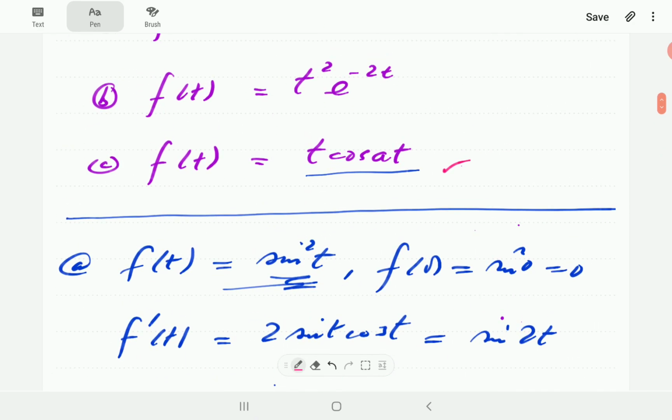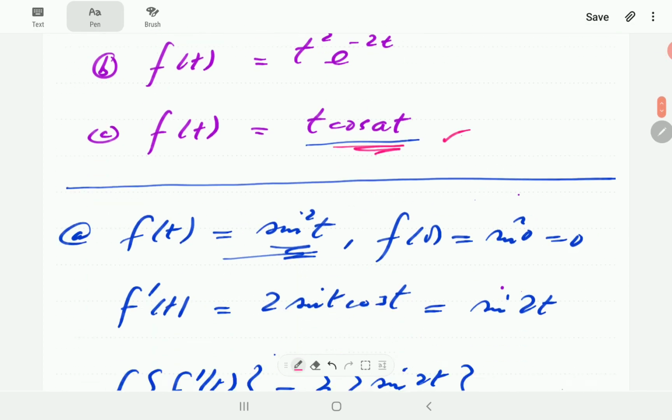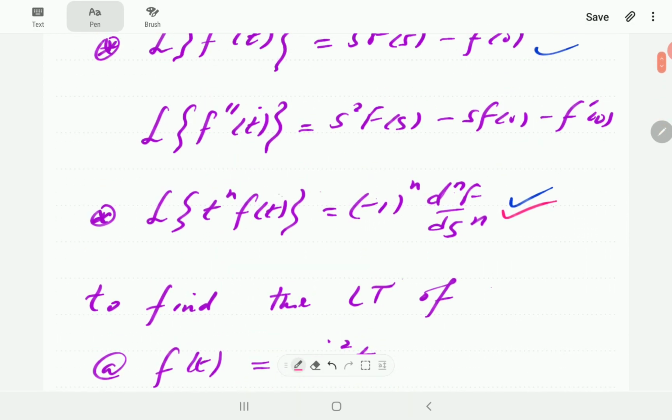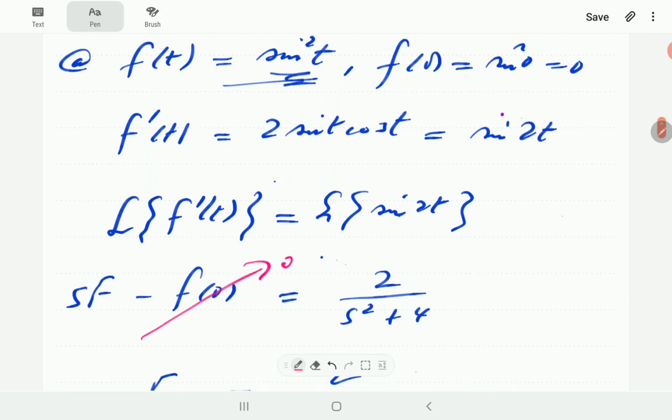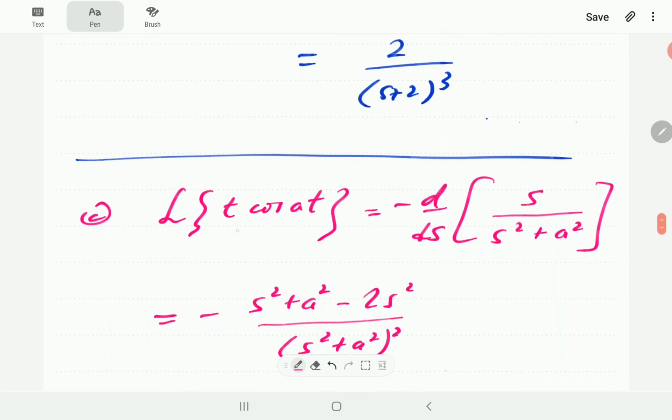So for this one, again, we've got t times some function. So that means we're going to use this last property here. Since the power is 1, it means there's going to be 1 and 1 there. So the way it's going to look is as follows. The Laplace transform of t times cosine at is going to be the negative of the first derivative of the Laplace transform of cosine at from the Laplace transform tables.